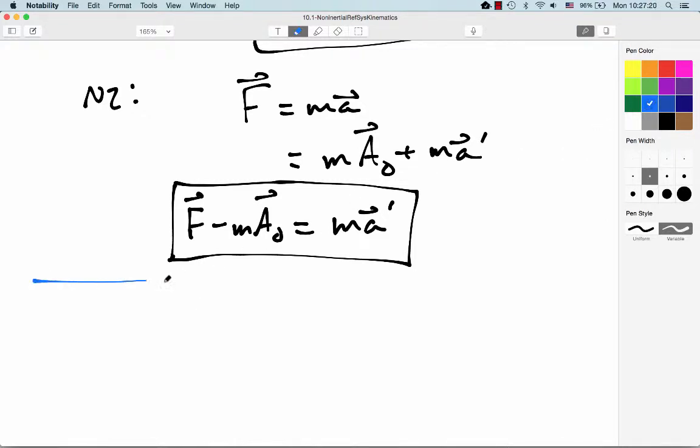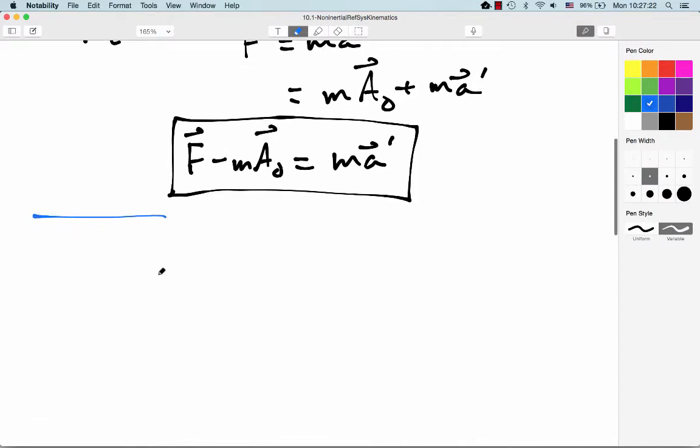So we have a little bit of a sidebar here. This is one of the things that no one ever really explicitly writes down in a physics text, near as I can tell, but most equations in physics can be read as cause equals effect.